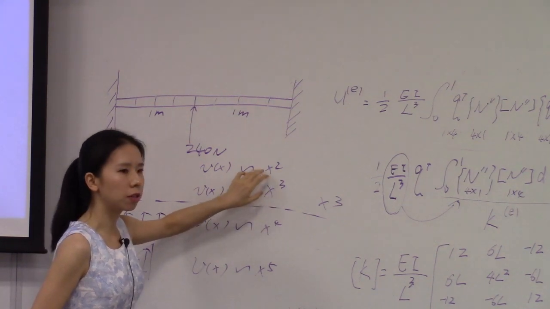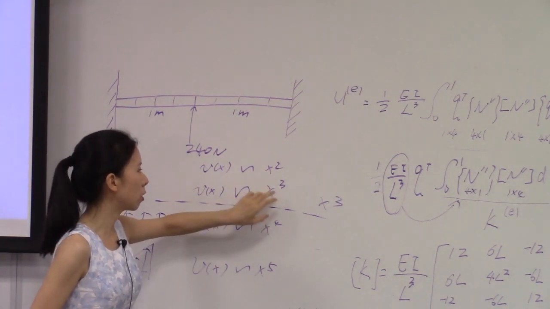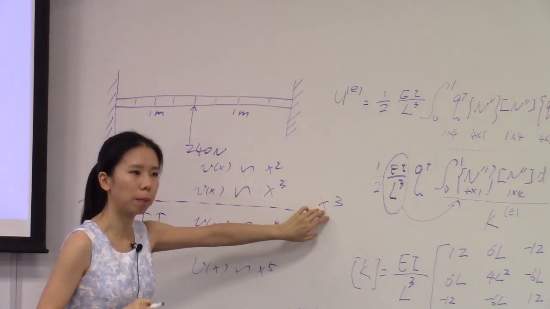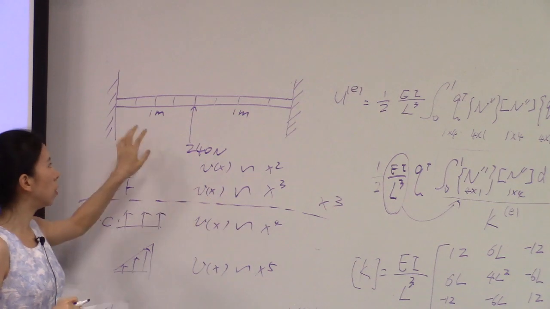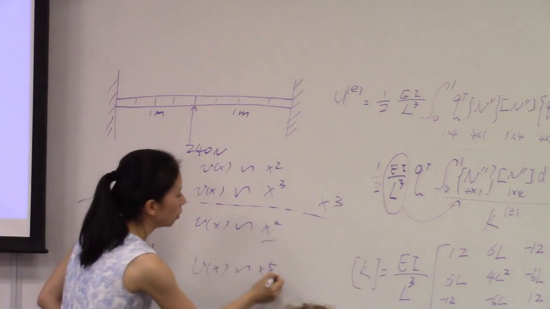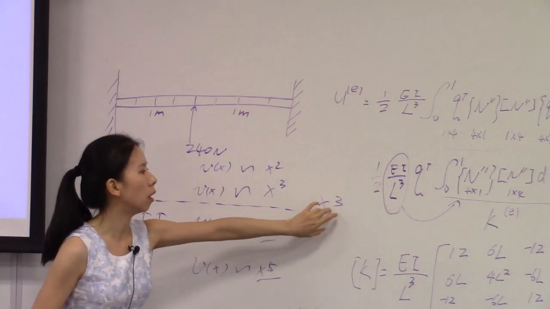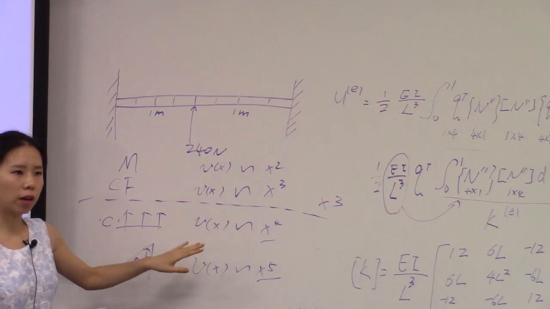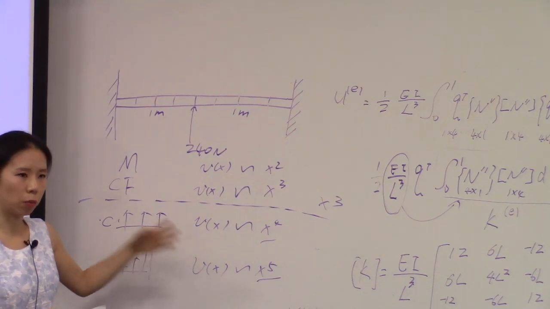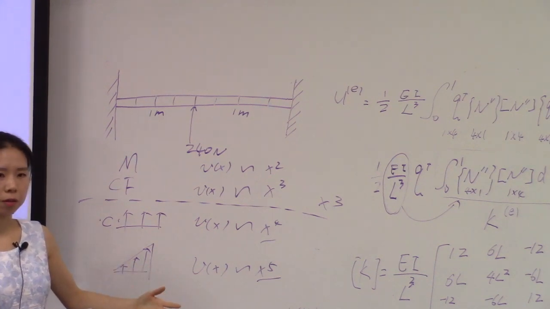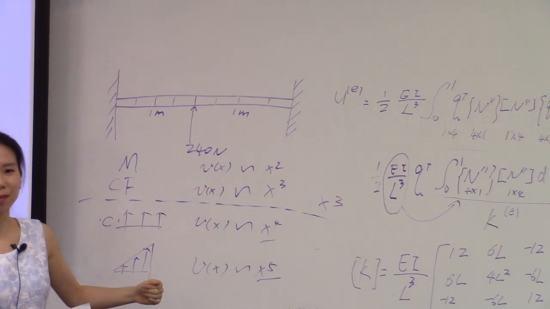If the highest order of the exact solution is quadratic or cubic, and my interpolation function is cubic, then the interpolation function can give you an accurate result with just 1 element. But if the exact result is 4th order or 5th order, and I only use cubic interpolation, finite element will only give you an approximation. And in these 2 cases, the more elements, the better. Understand? Any questions?